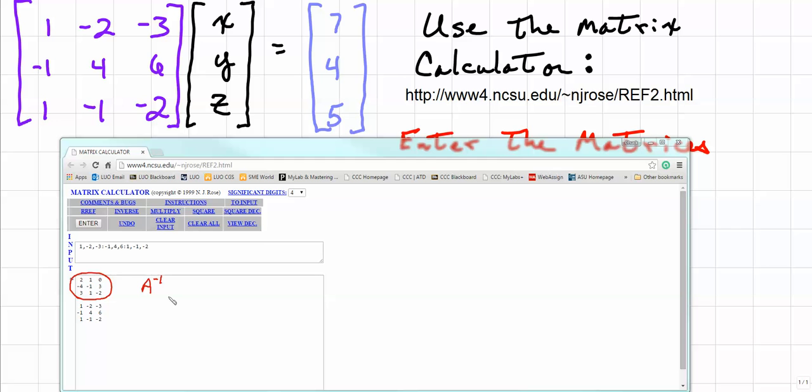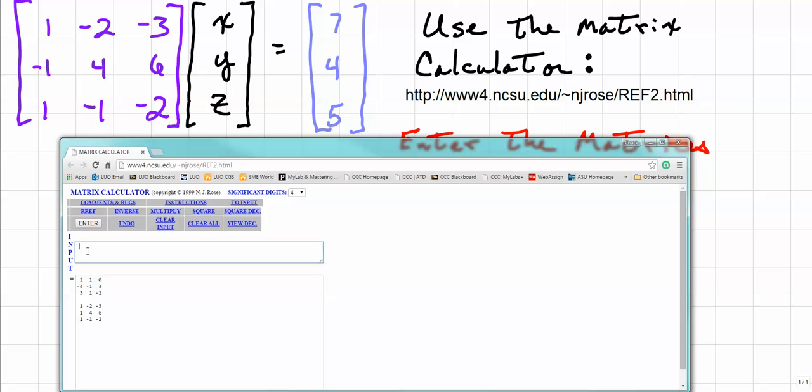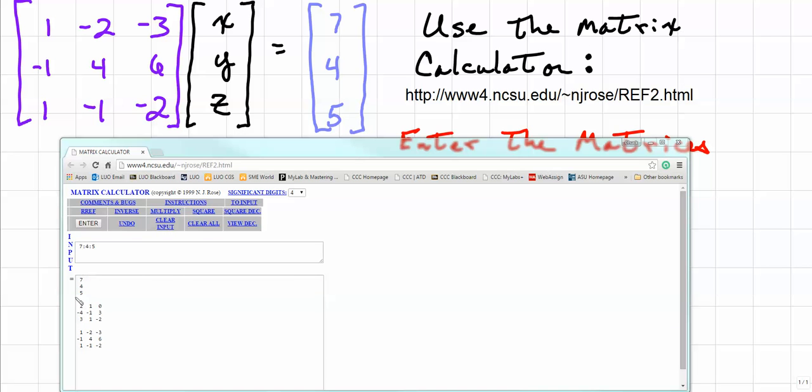The next thing that I need to do is enter matrix B. Now we know what matrix B is, so we'll go ahead and enter that. We're going to clear the input window, place the cursor back in the input window, and simply type in 7:4:5. I will press enter, and you'll notice that we now have matrix B in the output window.